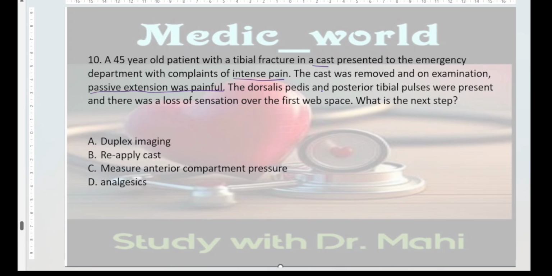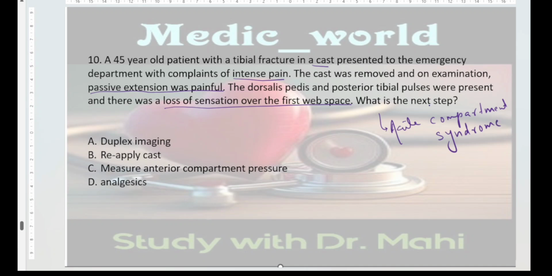The dorsalis pedis and posterior tibial pulses were present, and there was a loss of sensation over the first web space. All these clinical features point towards the diagnosis of acute compartment syndrome.